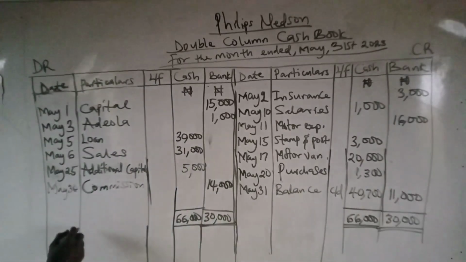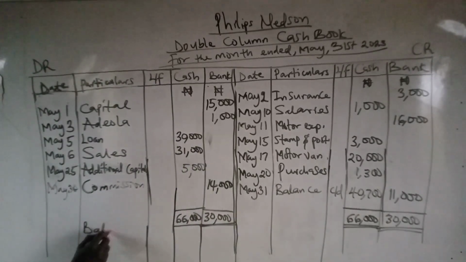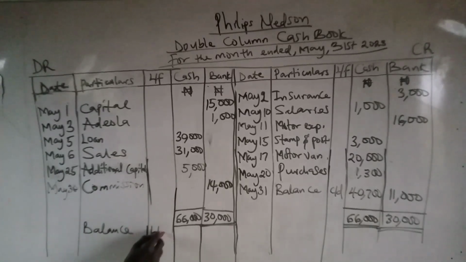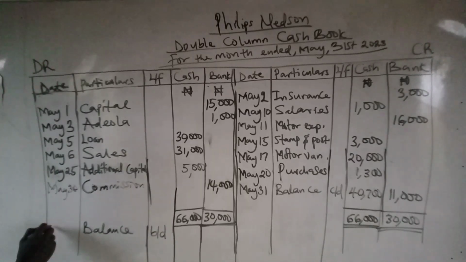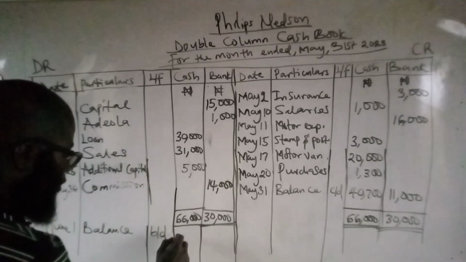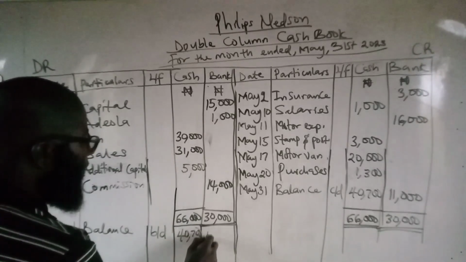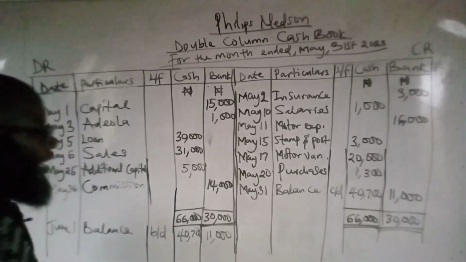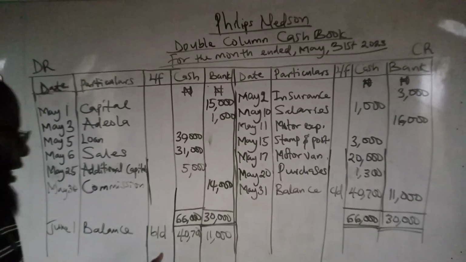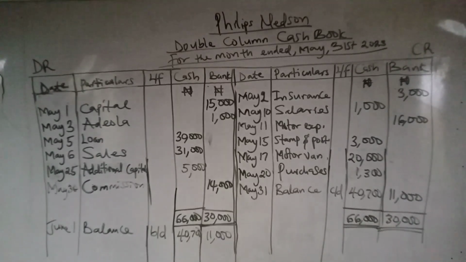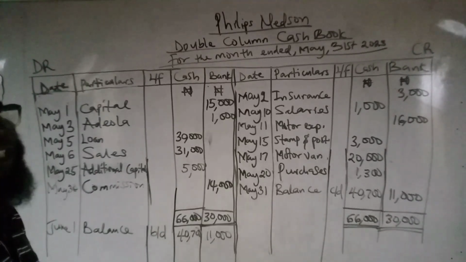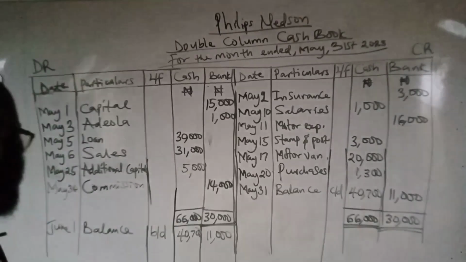Then we now come here, balance brought down. Then you write the next month after May, which is June. By June 1st, this balance brought down, 40,700, then 11,000 naira, will serve as the balance brought forward, that is the opening balance for the next month, which is June.